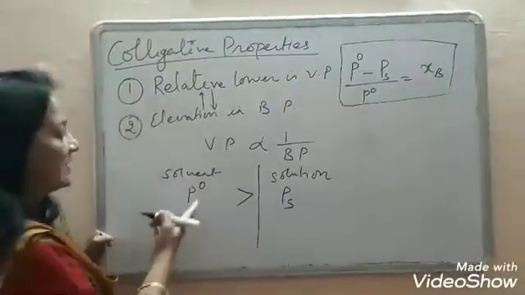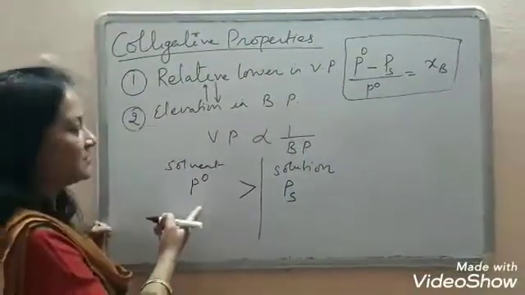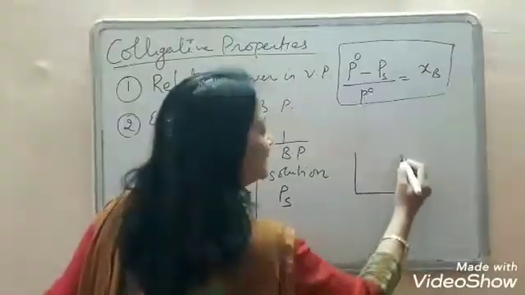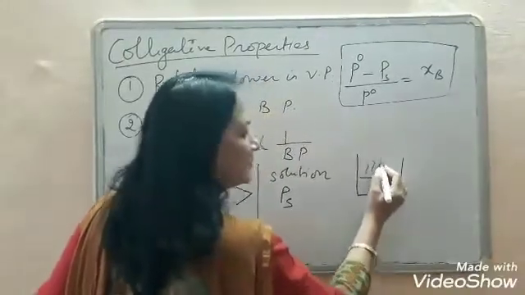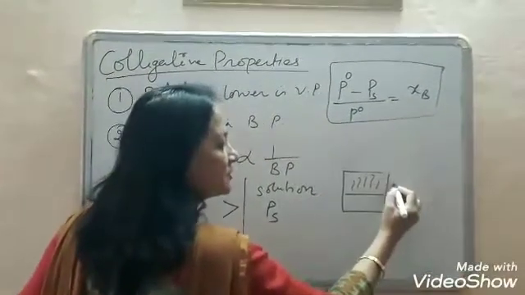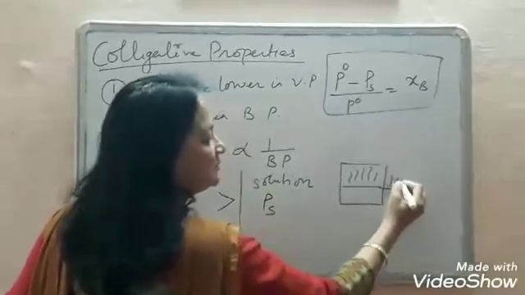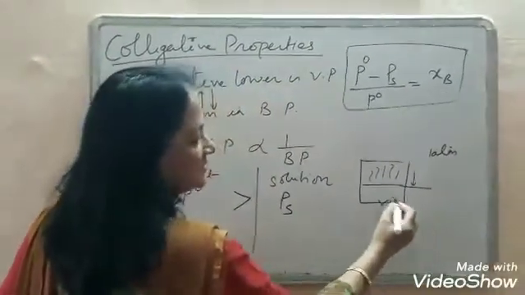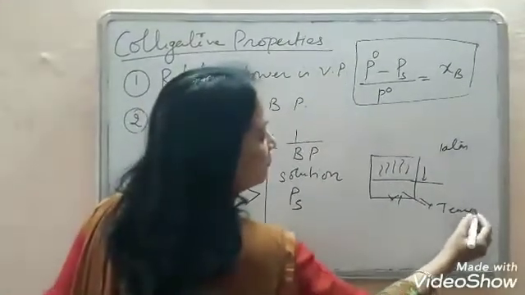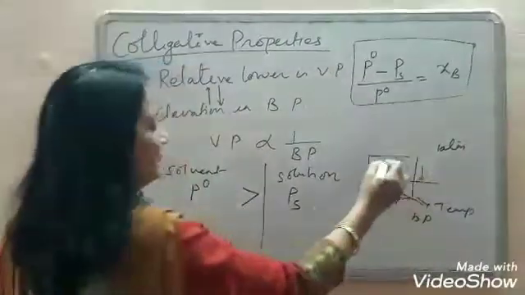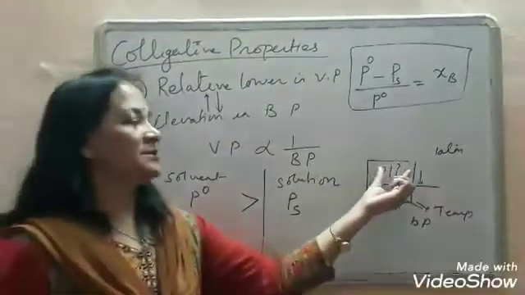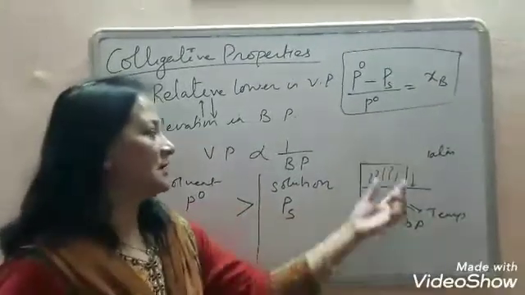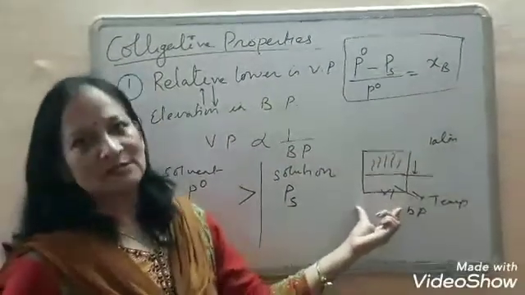So the temperature at which there are sufficient vapors exerting pressure on the surface of the liquid equal to atmospheric pressure, that temperature of the solution will be called its boiling point. If the vapor pressure is higher, it will soon become equal to atmospheric pressure and the liquid will attain its boiling point.